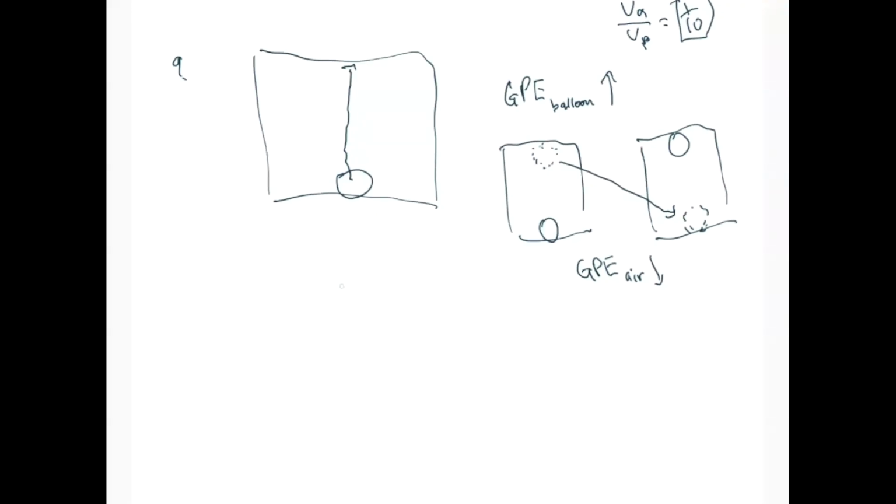So it has no kinetic energy. And at the very end, it also doesn't have any kinetic energy because it's also at rest. So there was no total decrease in the kinetic energy of the balloon. Does that sort of make sense?